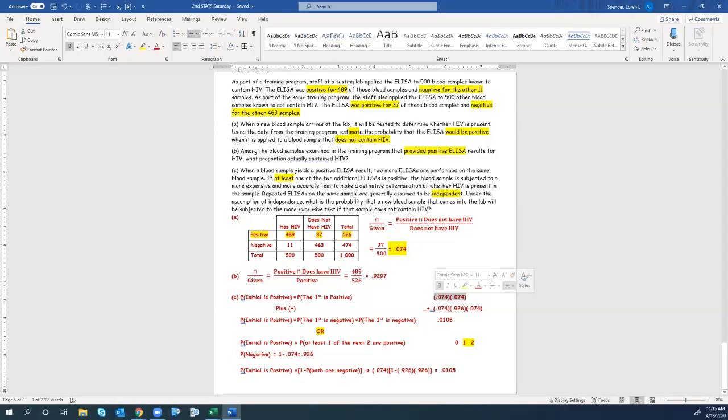So the probability the first one is positive is 0.074. Then the probability the second one is negative is 1 minus 0.074, or 0.926. But then the third one must be positive, and that gives me 0.074. I multiply those three together and I sum this row and this row together, and I get 0.0105.